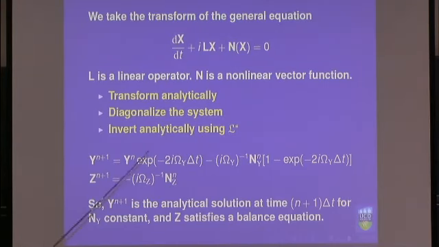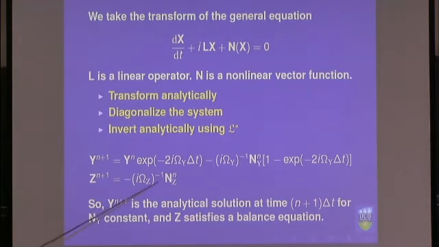Okay, and here's what we get. It's written in a cumbersome way, but if we were to assume the nonlinear terms are constant, then this is actually the analytical solution. So we have an exact solution for the slow components, which is very nice. You can't do much better than exact.